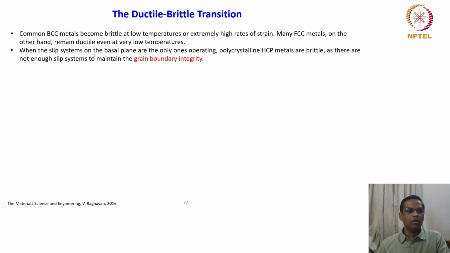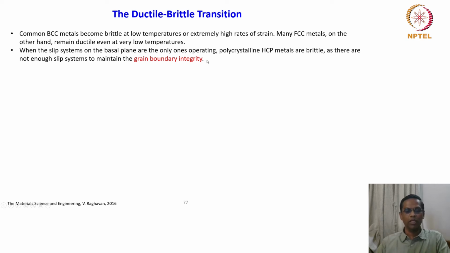When the slip systems on the basal plane are the only ones operating, polycrystalline HCP metals are brittle. So this is also known to us. When we say brittle behavior, we can also connect them to materials which have very restrictive slip systems, or restrictive number of slip systems rather. Okay, that is HCP, as there are not enough slip systems to maintain the grain boundary integrity.